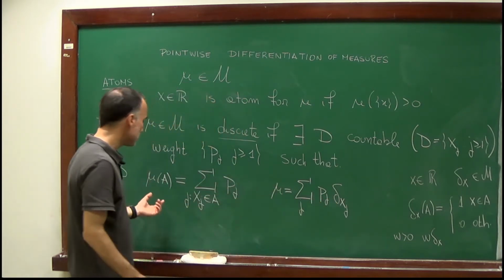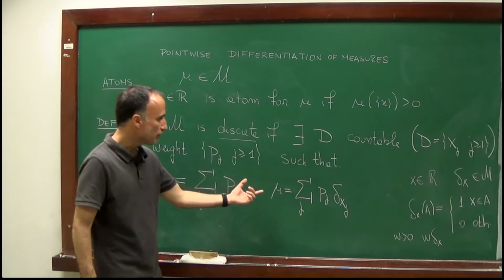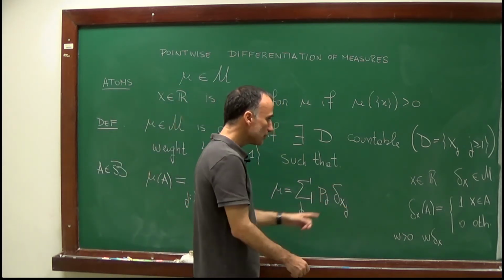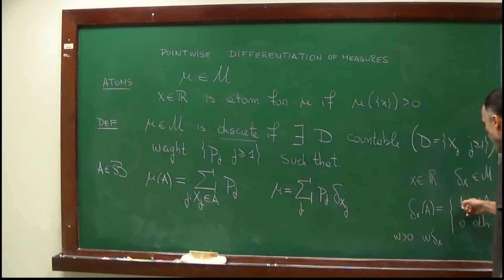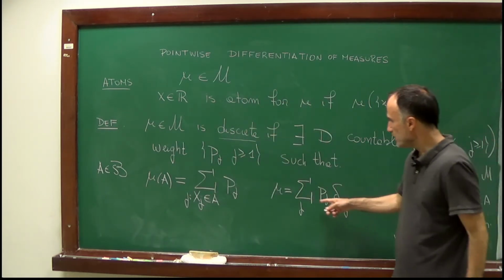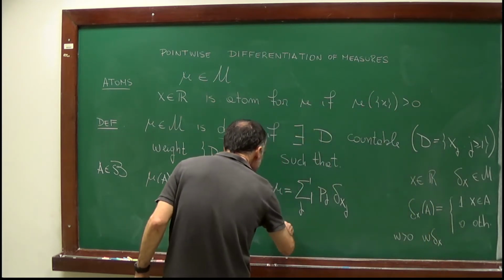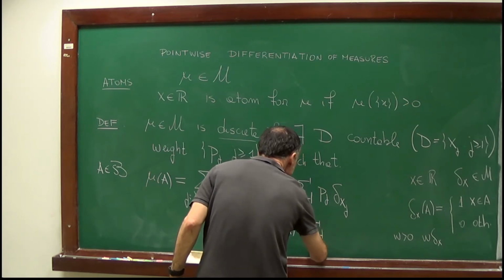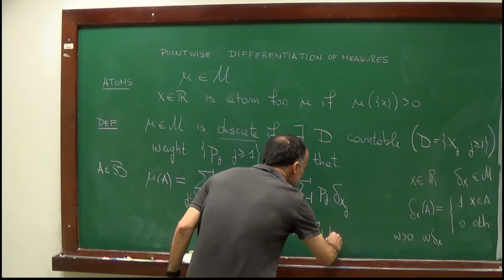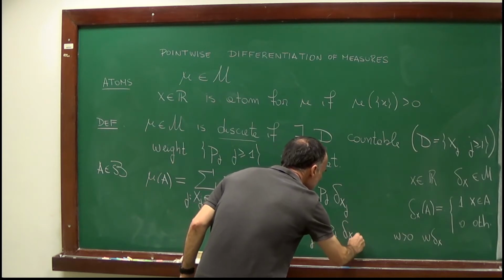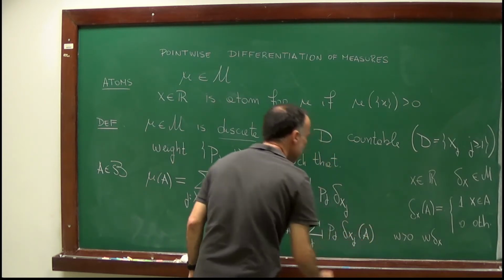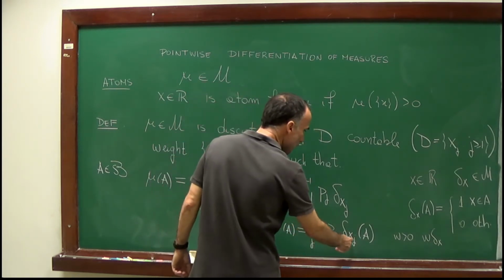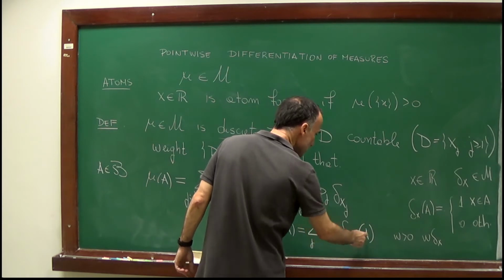So observe that if I take a set A and I want to compute mu of A, this is the sum of pj dxj of A, but dxj of A will be either 1 or 0. It will be 1 if xj belongs to A, and 0 if not.